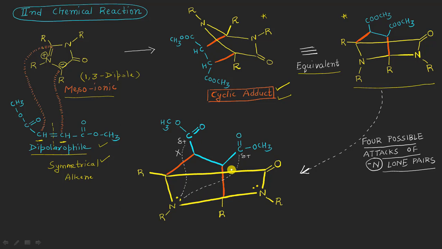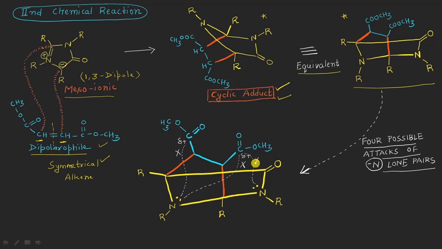So once again, that cyclic structure won't be a stable structure, so the attack is not possible even in this way, right? And now if we assume that this nitrogen lone pair is attacking in this way here, once again it will result in the formation of a 4-membered ring structure, that will be 1, 2, 3 and 4 like this, okay? So better not to show attack even in this way.